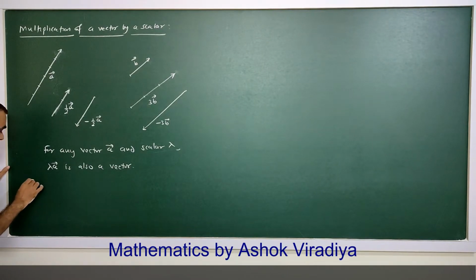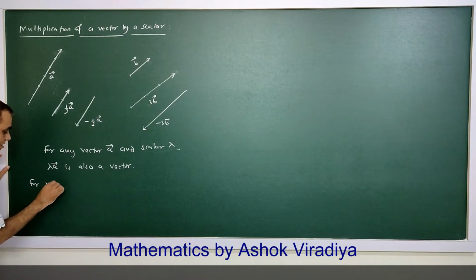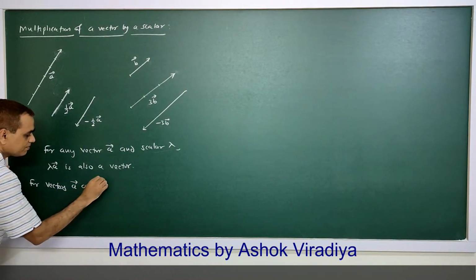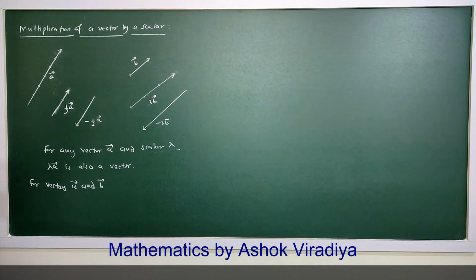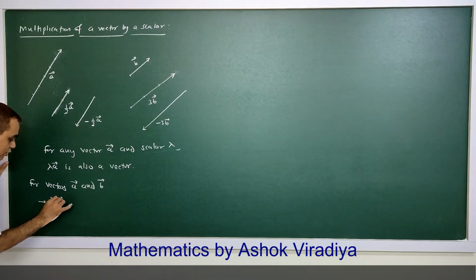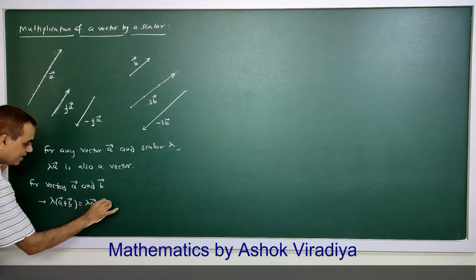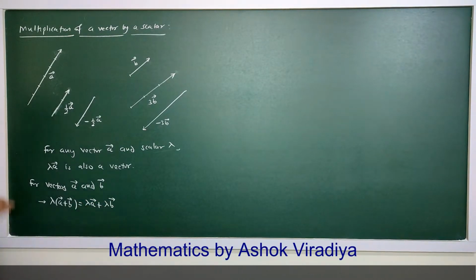Now for vectors a and b, we can take any two vectors, vector x, vector y. Properties: lambda times the sum of vector a and vector b can be expressed as lambda a plus lambda b.